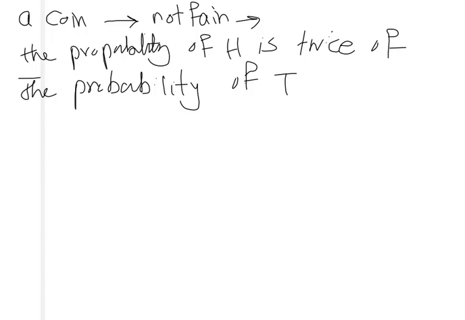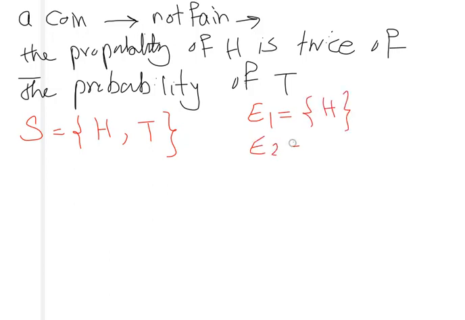Okay, how can we obtain the probability of H and T? We want to obtain the probabilities of simple events. Again, S is H, T, and we have two simple events, the probability of E1 and the probability of E2.